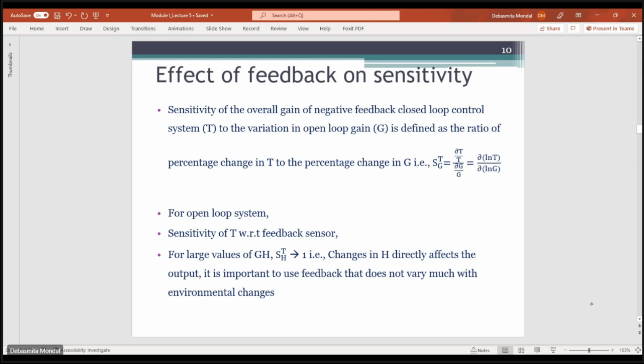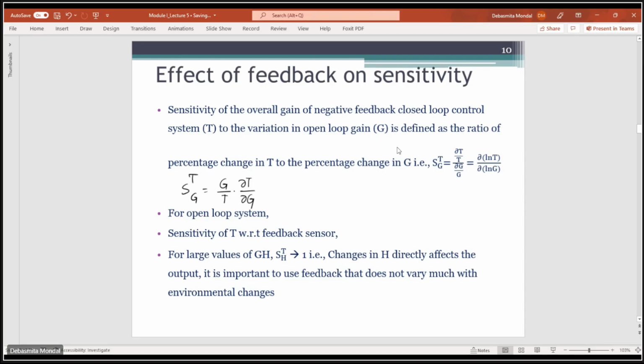That means delta T by T divided by delta G by G. This you can also write as delta of ln T divided by delta of ln G. So S of T with respect to G will be equal to G by T multiplied by delta T by delta G. This is the overall sensitivity of the overall transfer function or gain due to variation in the open loop gain.